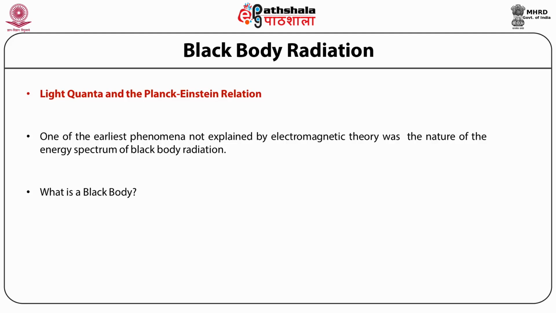As you know, a black body, by definition, is one which absorbs all the radiation it receives and does not reflect any. Such objects are perfect absorbers as well as emitters.